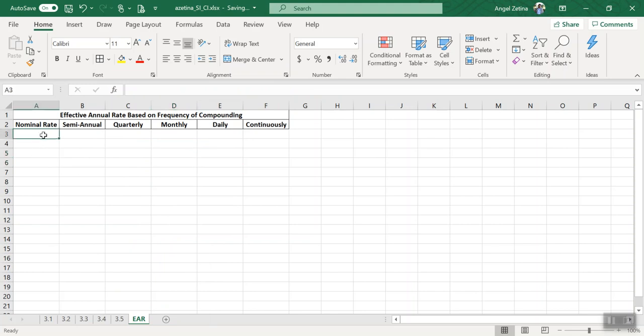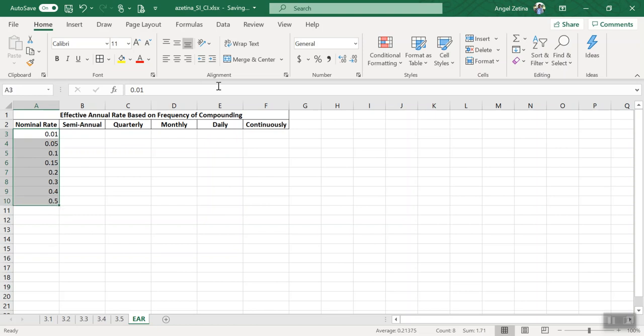Let's enter the interest rates. So we need to enter 1%, 5%, 10%, and so forth. So 0.01 for 1%, 0.05, 0.1 for 10%, 0.15 for 15%, 0.2 for 20%, 0.3 for 30%, 0.4 for 40%, and 0.5 for 50%.